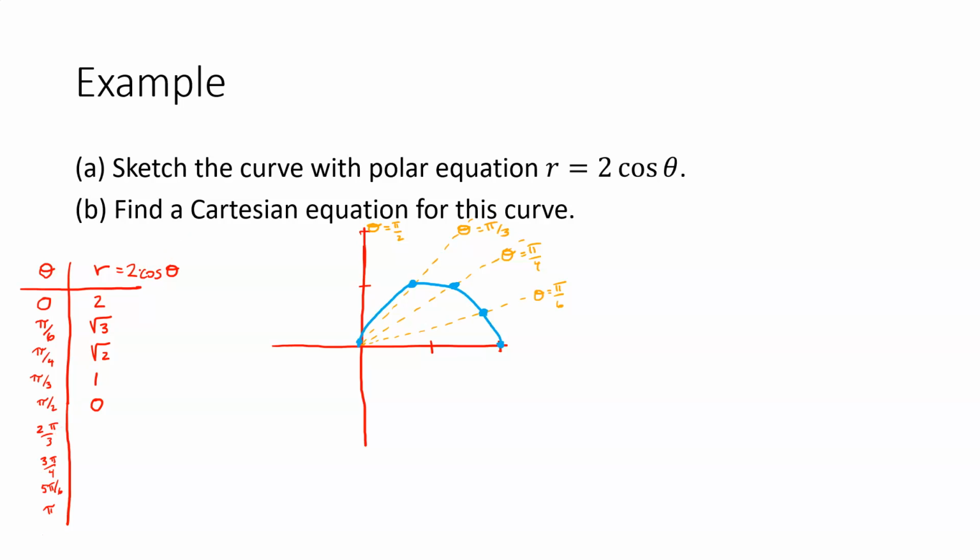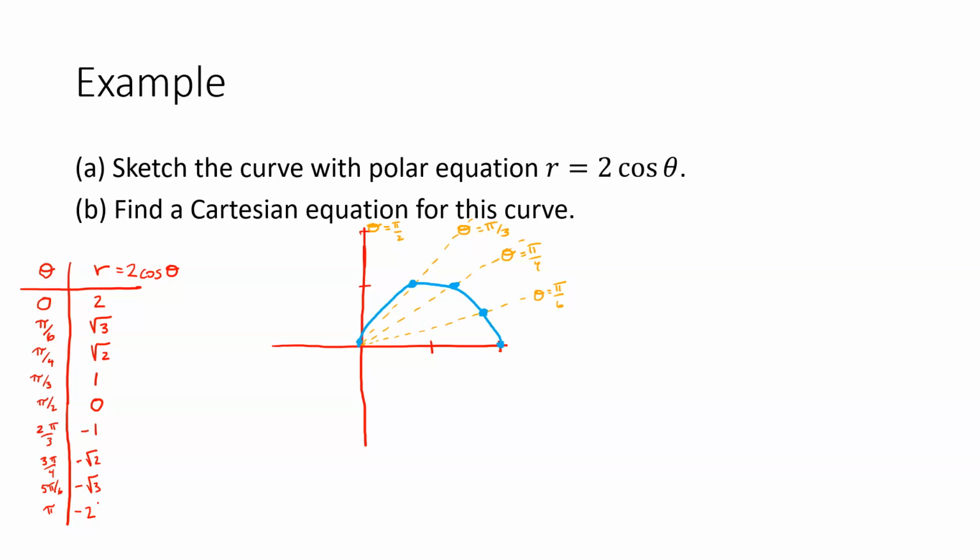For instance, cosine of 2 pi over 3 will be negative 1/2, so that will be negative 1 there. Cosine of 3 pi over 4 is negative radical 2 over 2, so that will be negative radical 2. Cosine of 5 pi over 6 is negative radical 3 over 2, so that's negative radical 3. Cosine of pi is negative 1, so we get negative 2 for that value.